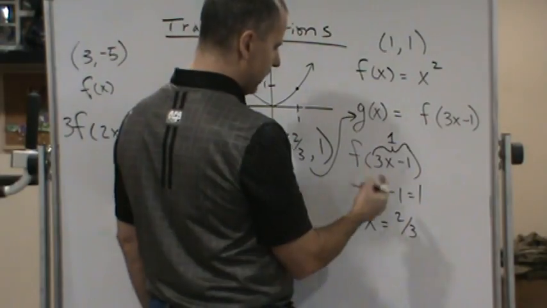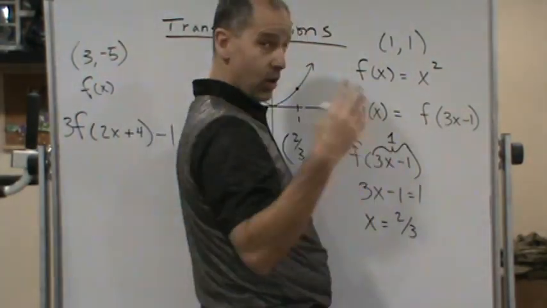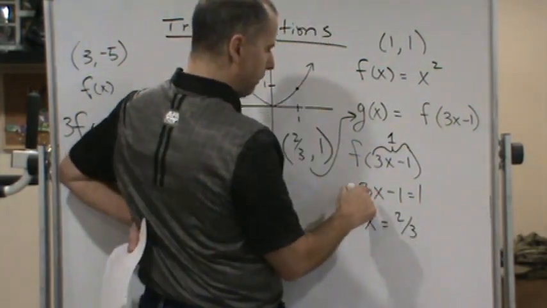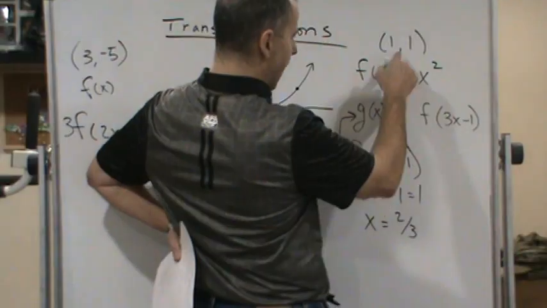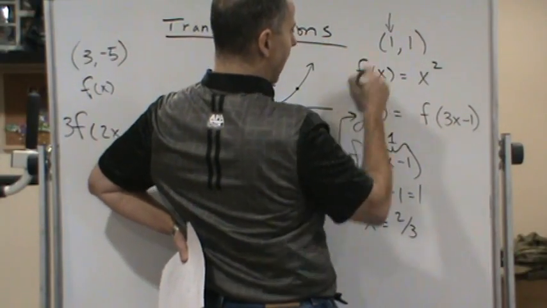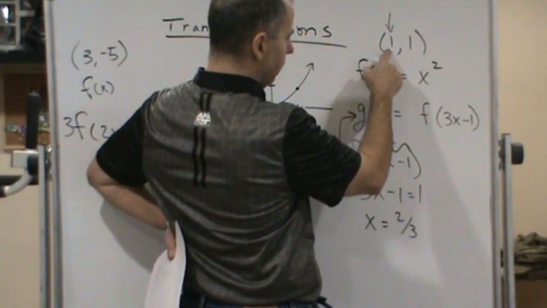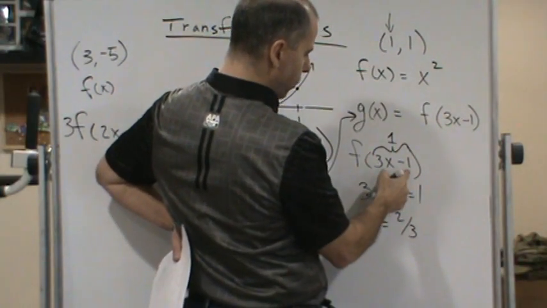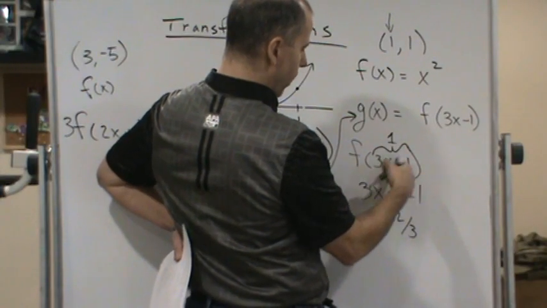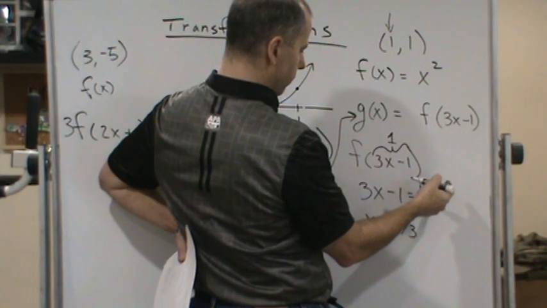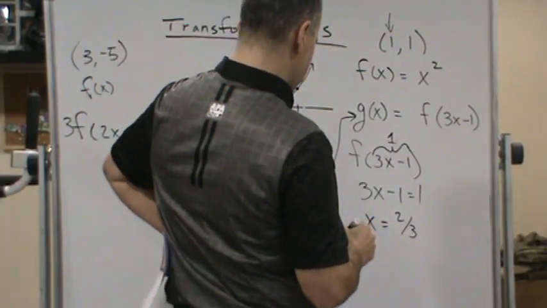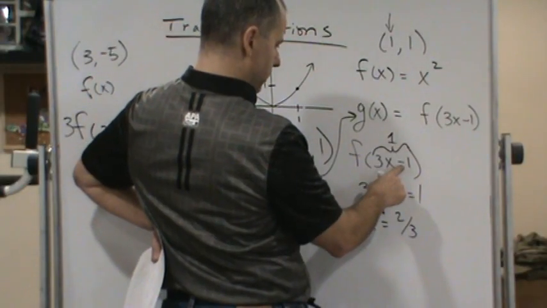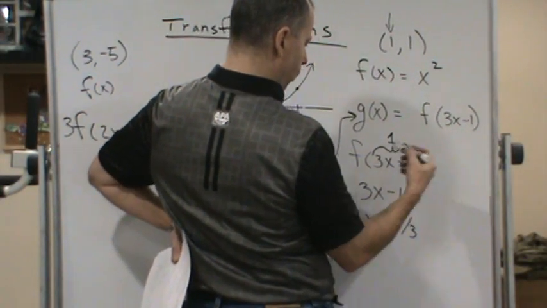Now, here's the thing. Let me just say this. When I talked about thinking in opposite terms when you're dealing with x, just think about this. If I'm at 1, so we're talking about x, this is unchanged, but what's going on here? Well, I'm subtracting 1 here, so I'm going to move to the right 1 unit.